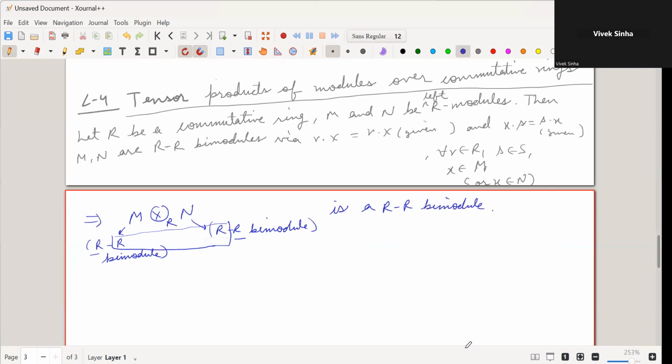And something that is an R-R bimodule, you can simply say that it's a left and right R-module.